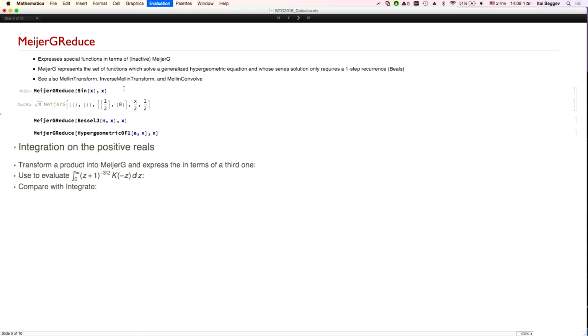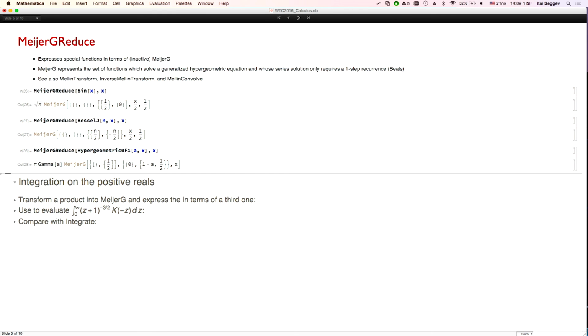But we have MeijerGReduce, which takes functions and expresses them in terms of the MeijerG function. MeijerG is a generalization of the hypergeometric function. And Beals gave a nice characterization in a paper earlier this year, actually. It's the set of generalized solutions whose series solution only requires a one-step recurrence.